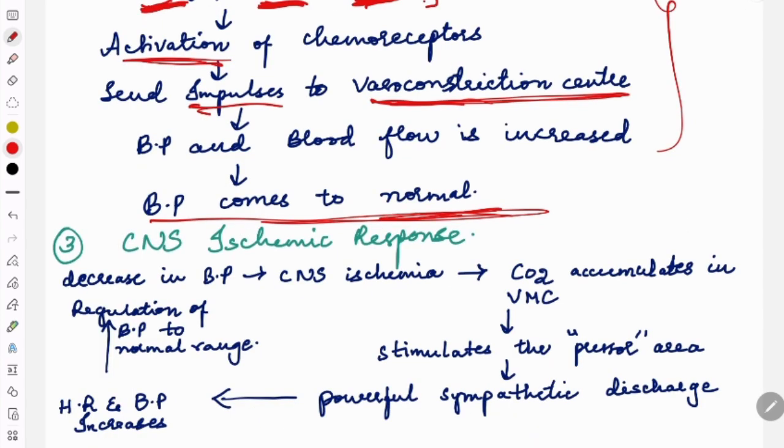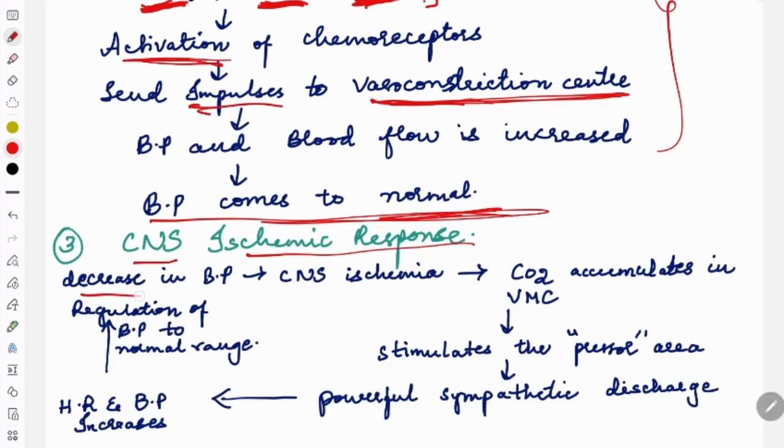Now the third type of short-term regulation is the CNS ischemic response. What do you mean by CNS ischemic response? It is the regulation of the BP by the central nervous system. How does it occur?